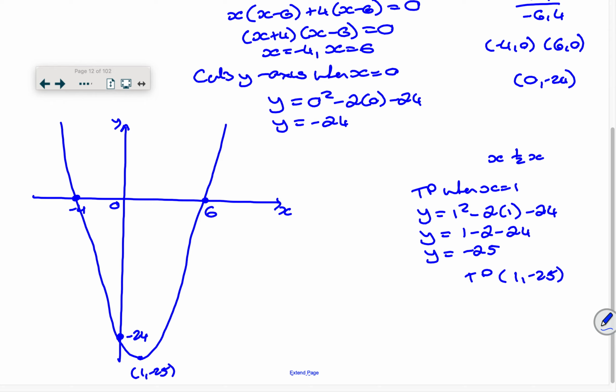Last thing to do is identify the equation of the axis of symmetry. That's just the vertical line that goes down through the turning point. So that's x is equal to 1. So this here is a graph of y is equal to x squared minus 2x minus 24. Okay.